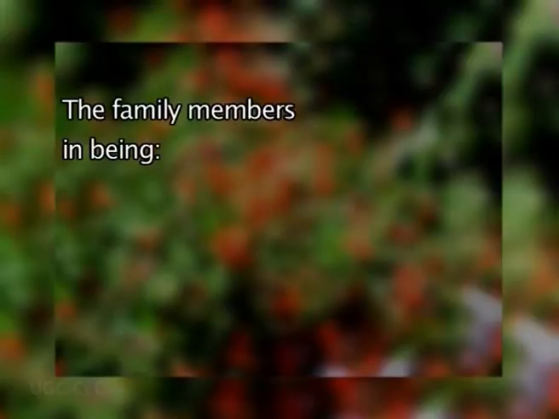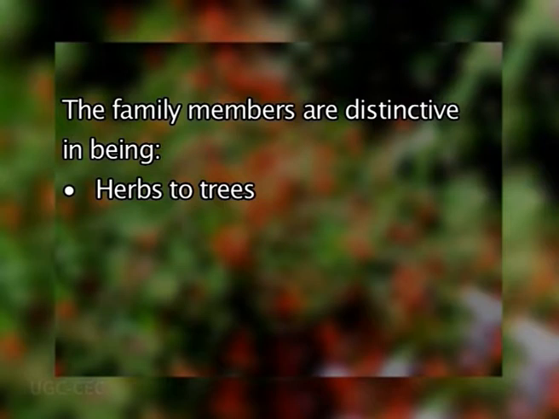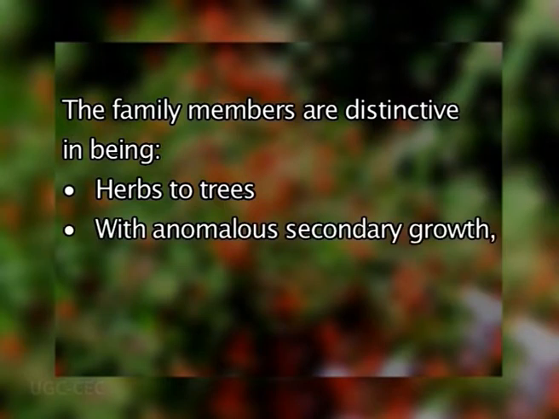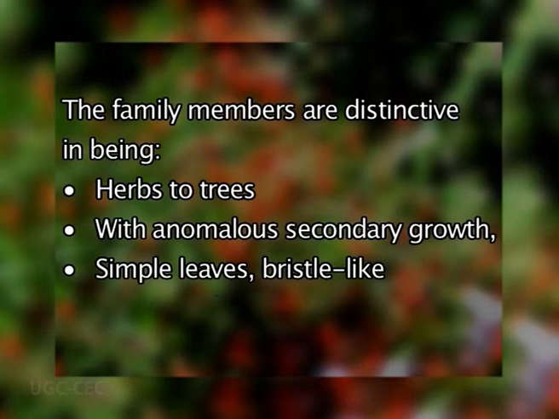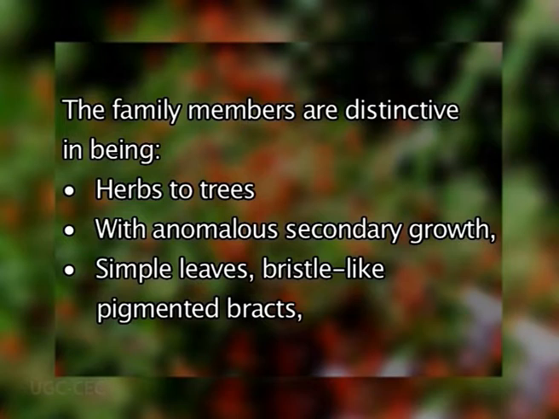Before discussing the taxonomy in detail, let us first of all highlight some of the diagnostic features of family Amaranthaceae. The family members are unique in being herbs to trees with anomalous secondary growth. The leaves are simple and bristle-like pigmented bracts are present.